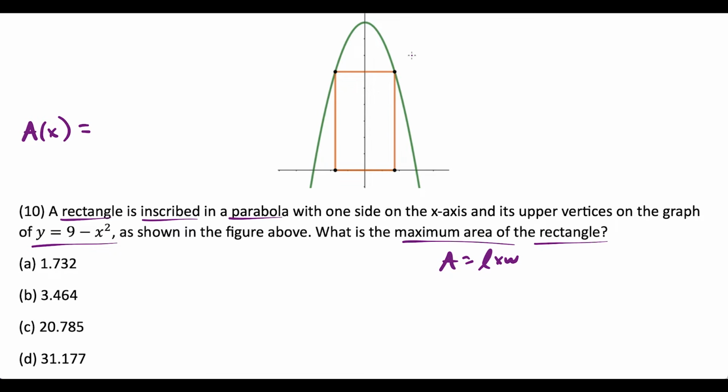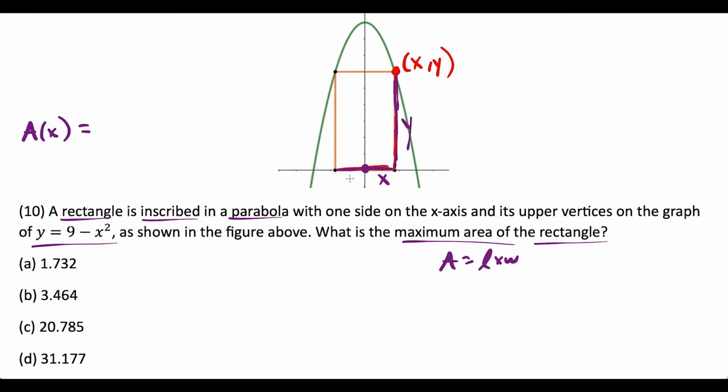So here we have a rectangle, and the area of a rectangle is once again length times width. So we have to describe the dimensions here. Notice that on the parabola, any point we could call (x, y). And the way that we get there is we go to the right x units, so we're going over x from the origin, and then we're going up y like this. So this gives us part of the rectangle, but what we have to be careful about is that this is symmetric.